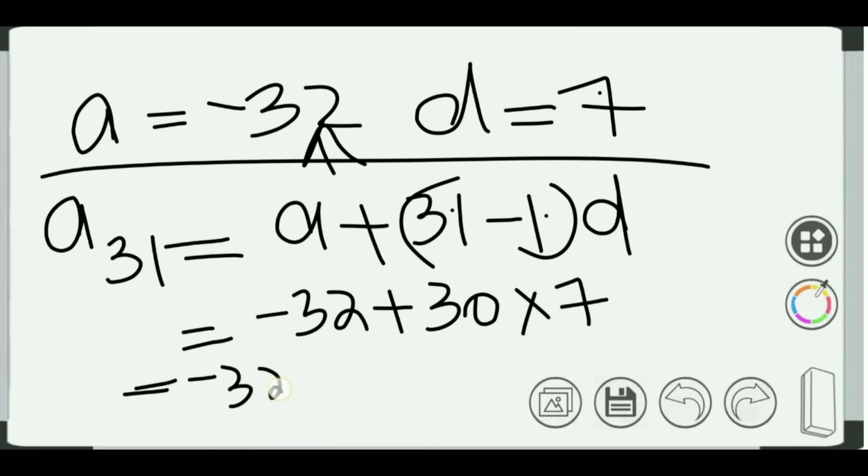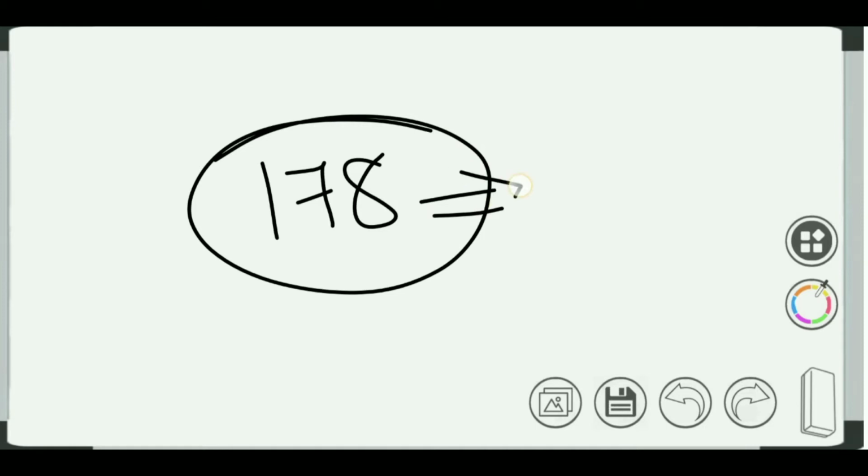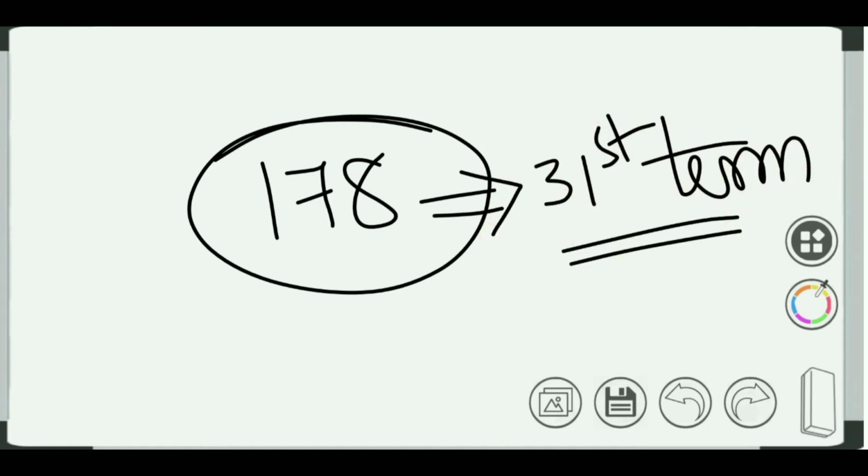Minus 32 plus 30 into 7, 210. So 210 minus 32 is 178. So the answer is 178. This is the 31st term of this AP. You can conclude, hence 31st term is 178.